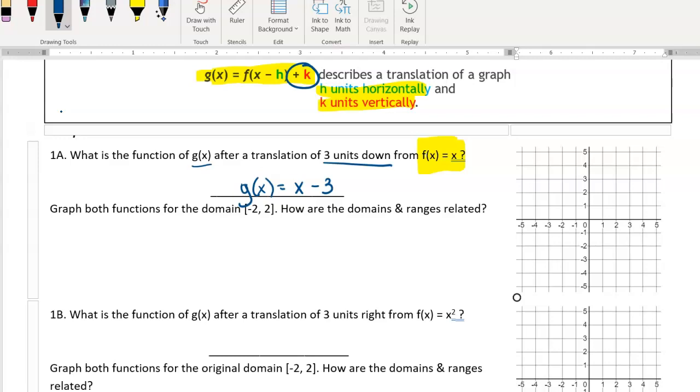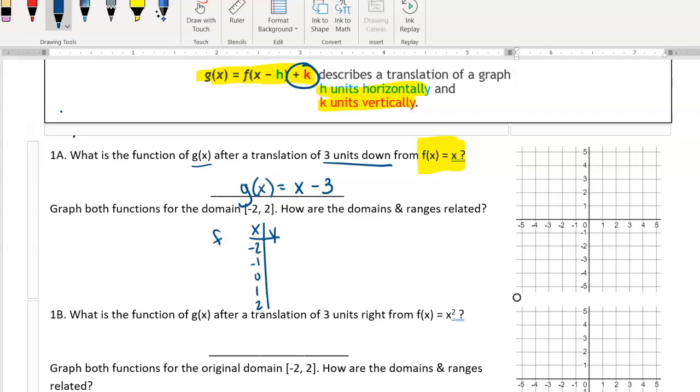Now it says graph both functions for the domain from -2 to 2. And we want to figure out how the domain and ranges are related. What this domain means, from -2 to 2, is we're just going to create a table of values. This just means pick the numbers between -2 and 2.